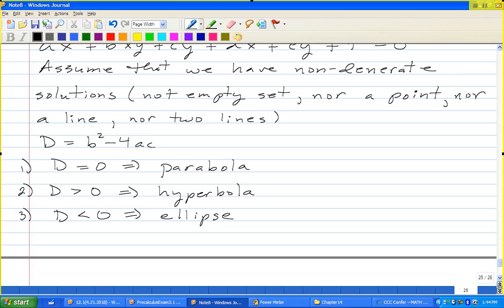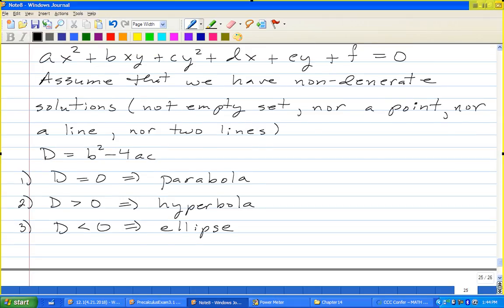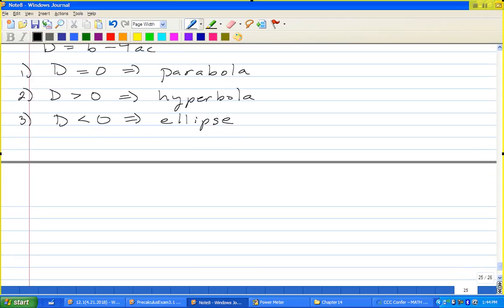Let me look at a simpler case. So let me also look at the case of quadratic equations in two variables with no xy term.